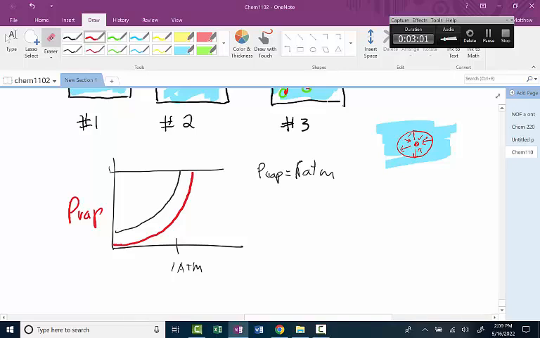I got my 1 atmosphere in the wrong place. I'm sorry. This is 1 atmosphere up here. And this is the boiling temperature, 100 degrees. But now it has increased over here to maybe 102. We don't know. We just know it goes up because the vapor pressure goes down. This is called boiling point elevation.